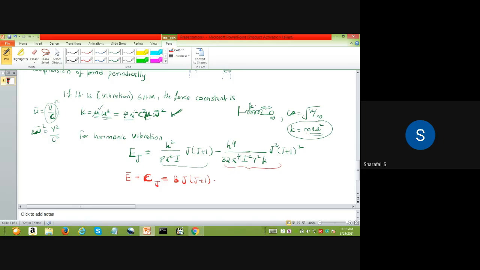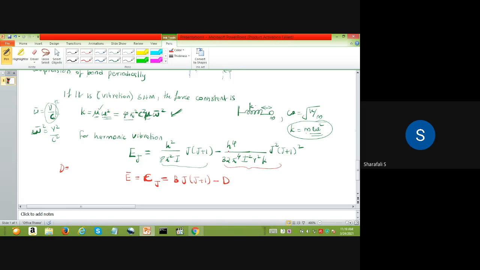Then here it will come as D, all this correction I am taking as D. Also there will be multiplication with hc. So D is equal to this entire constant multiplied by 1 by hc. We are converting that term into wave number.